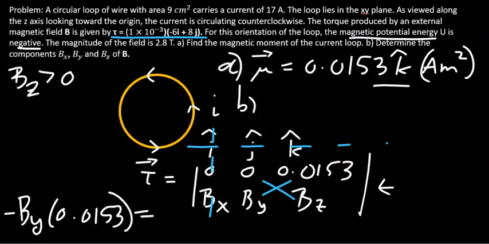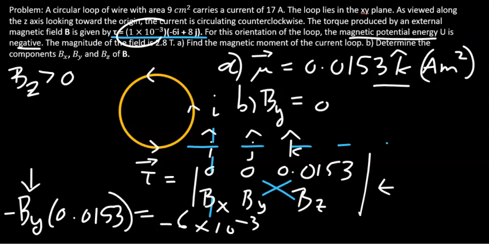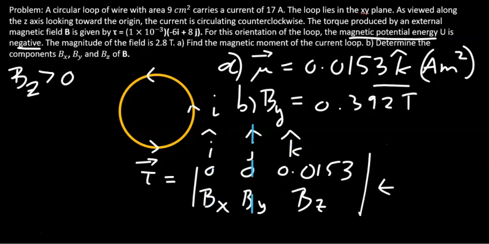And that must be the same as minus 6 times 10 to the power minus 3. And you can solve for By. When you do that, you get By to be 0.392 Tesla.